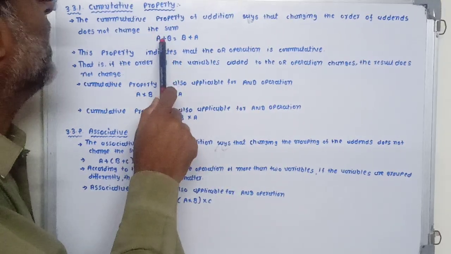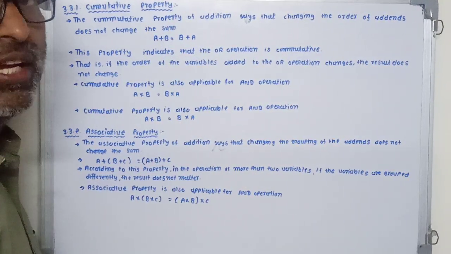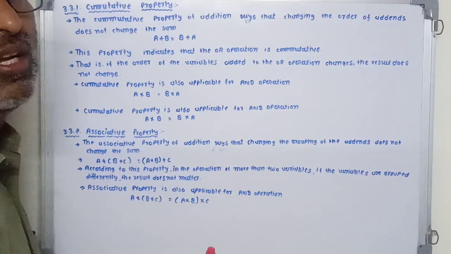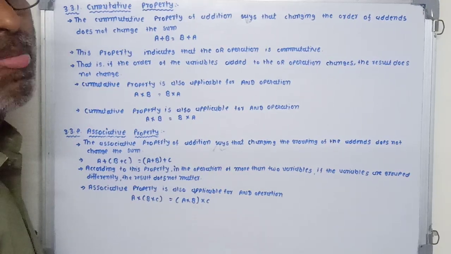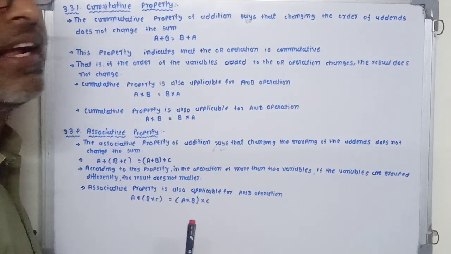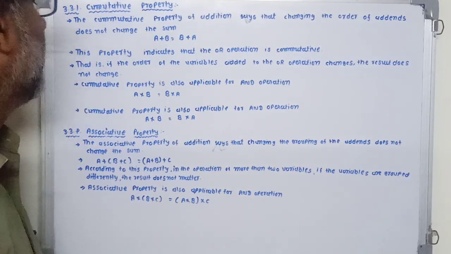So we can write A plus B is equal to B plus A. Remember, changing the position of the variables does not change the result. That's why this property indicates that the OR operation is commutative.